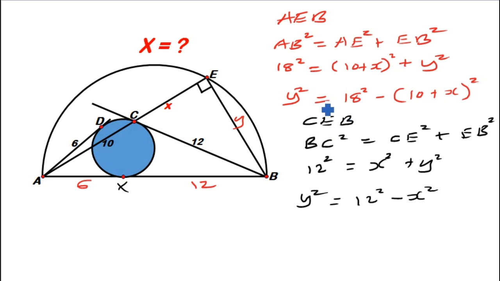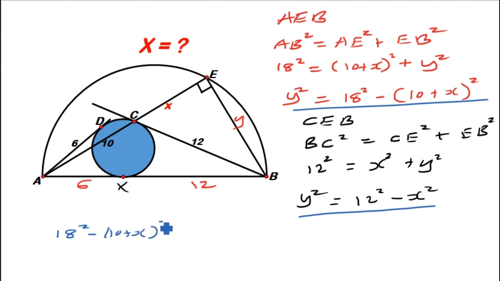Now the two equations we have are both equations for y squared, meaning these two equations are equal. So the first equation of y squared, 18 squared minus (10 plus x) squared, will be equal to the second equation, 12 squared minus x squared, because this is also y squared.